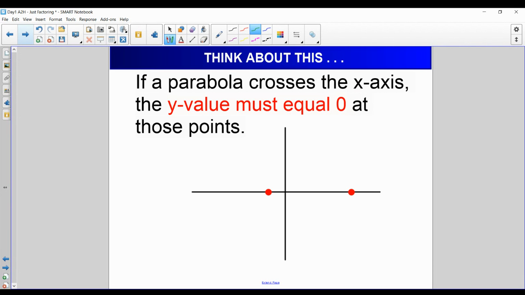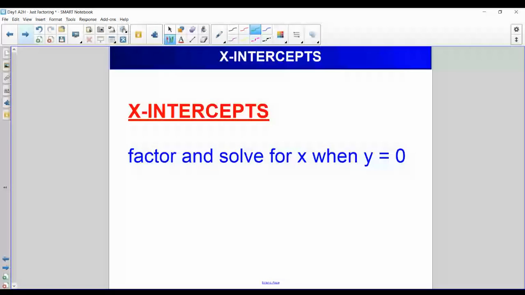So again, if a parabola crosses the x-axis like this, or like this, doesn't matter which direction, the y value of those points must equal 0. So we can find the x-intercepts by factoring, that's our good friend that we know from Algebra 1, and solve for x when y equals 0.